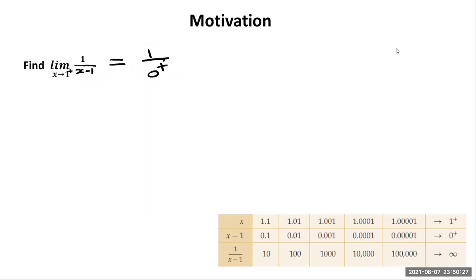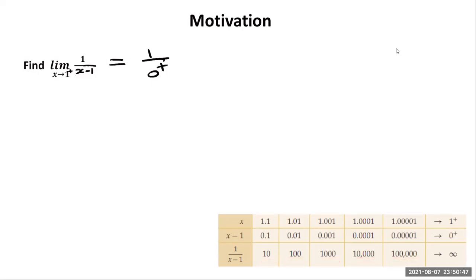What is 1 over 0 plus? Well, to get an idea, again, we can compute our function value at each of these x values chosen. As you can see, as x approaches 1 from the right-hand side, your function values are growing without bound.